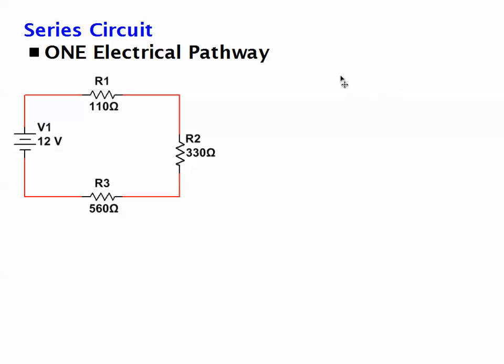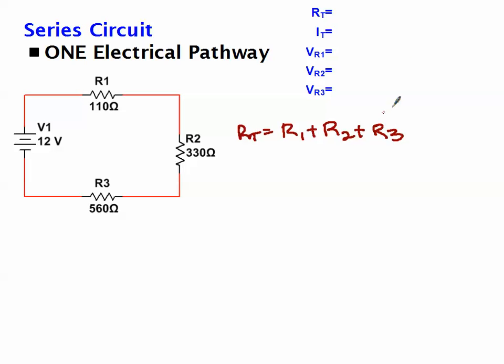We're going to analyze this circuit and calculate total resistance, total current, and the voltage drop across each of the three resistors. So the first thing you'll remember from the last video is the total resistance in a series circuit is simply the sum of the individual resistors in the circuit.